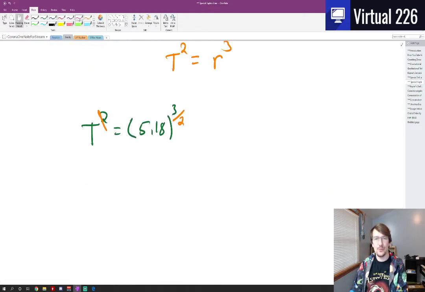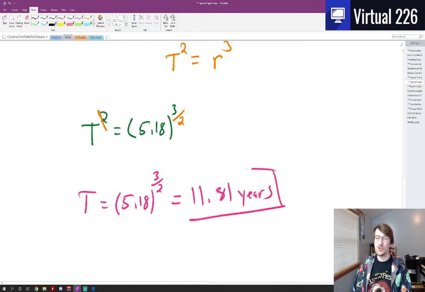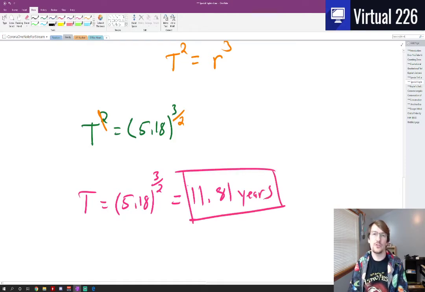And this means that if we wanted the period here, we can just say the period is equal to 5.18 to the 3/2, or the 1/2 power, and 5.18 to the 1.5 power is 11.81 years. So it will take Jupiter 11.81 years to go around the sun.